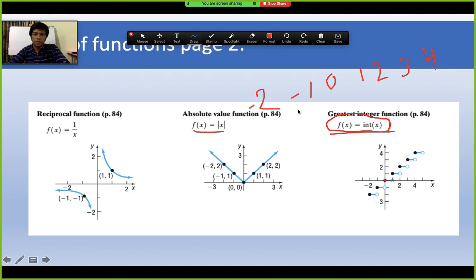They are the integers. So only these points are the solution. You do not have to draw the line. We only have to look at the integers, so we just have to locate the integer points in the graph when it is an integer function.